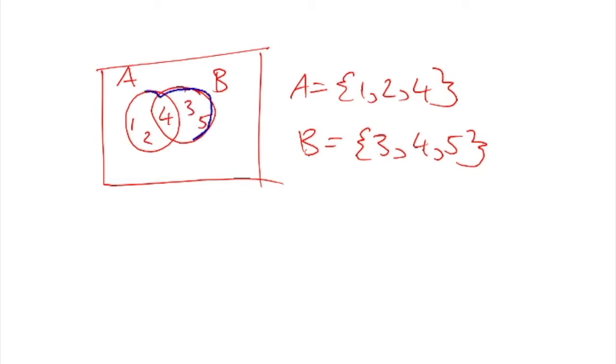Let's mark this area in blue over here. This area in blue is A union B. The area where these two circles intersect, as drawn in green over here, is the intersection, so A intersection B. This area over here, marked in pink, is where all the elements are in A but not in B, so we can mark it as A/B.